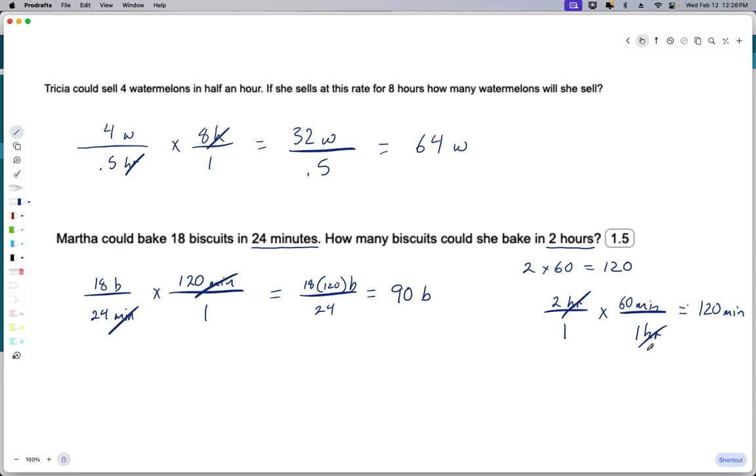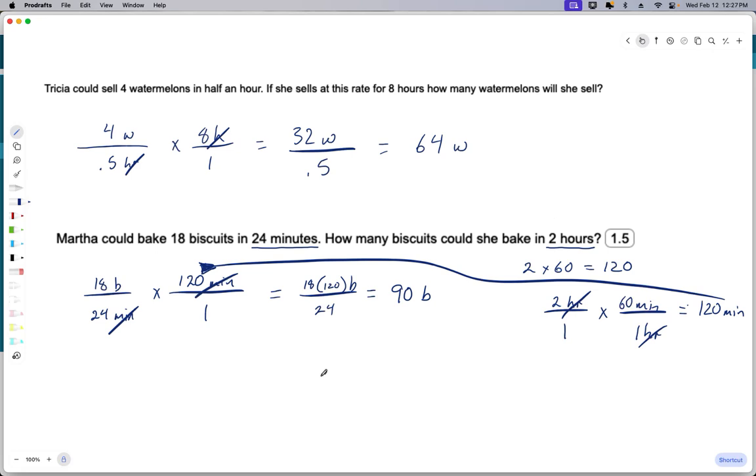I just did it a little faster without the fractions and the cancellation, just because I've done it a million times and I know what it is. But you could have done that separately and said, okay, 120 minutes. Well, that gets you right there. Same place. Okay?